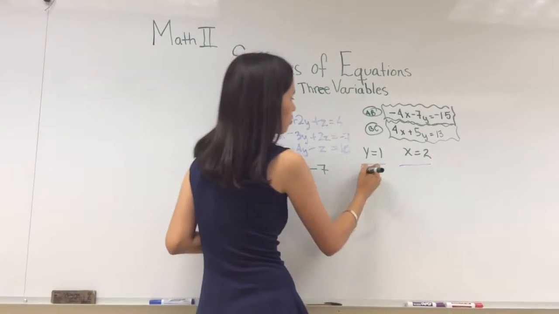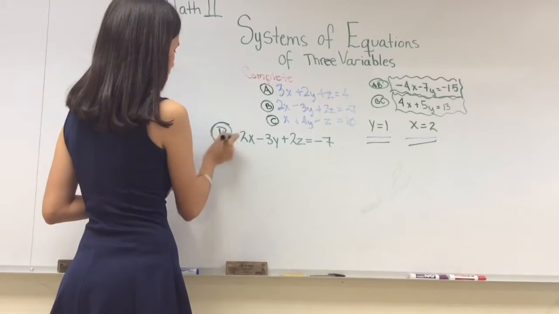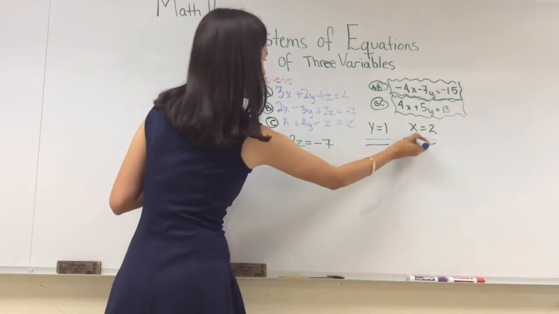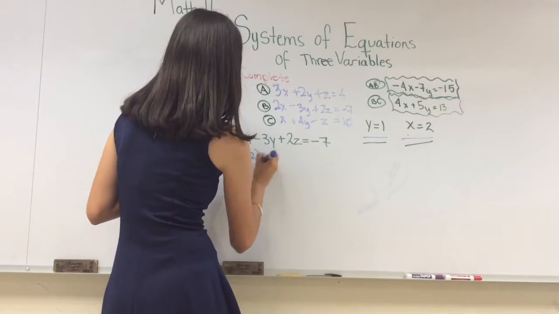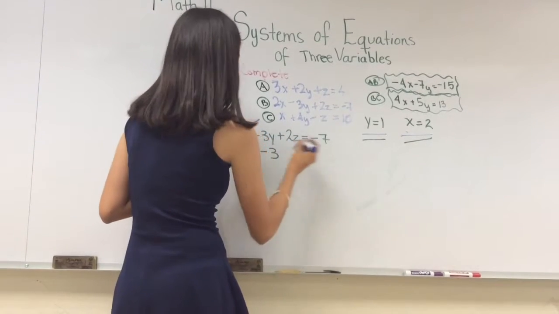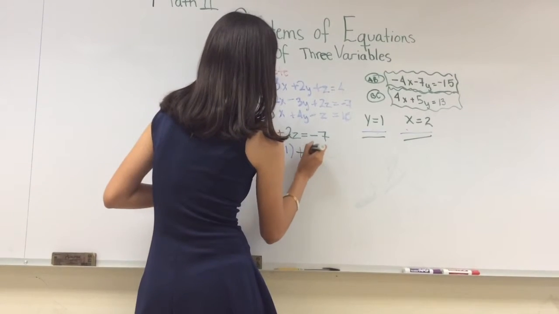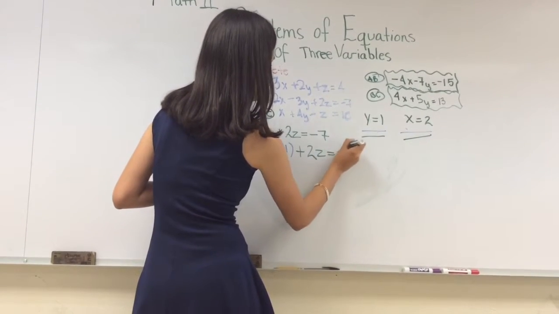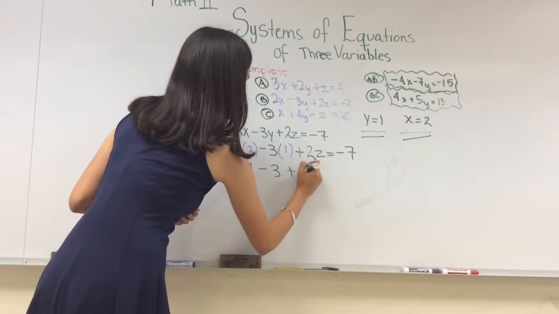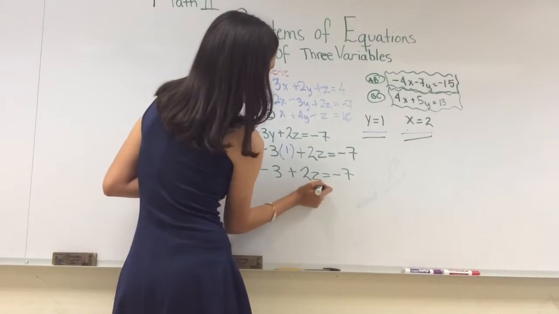Now we're going to substitute these two answers in one of the equations. I choose B. So here it will be 2 times 2, minus 3 times the value of y, which is 1, plus 2c equals minus 7. Here you have 4 minus 3 plus 2c equals minus 7. In here we are going to take the value of c.